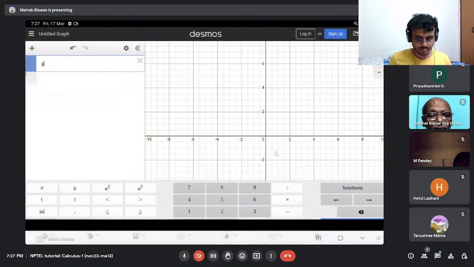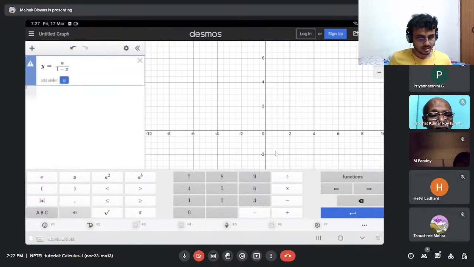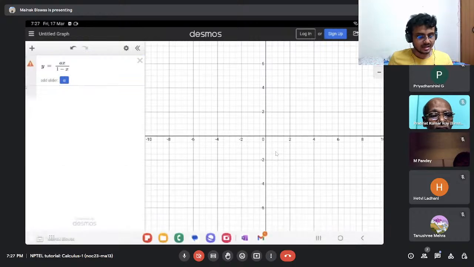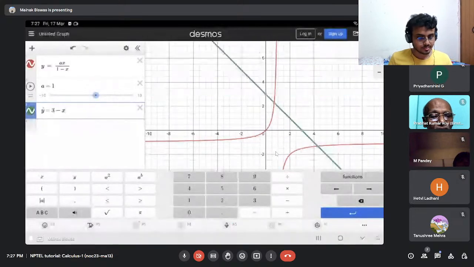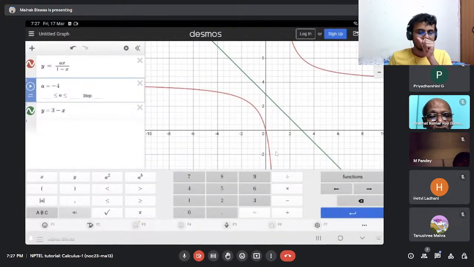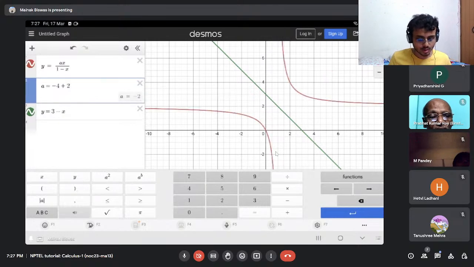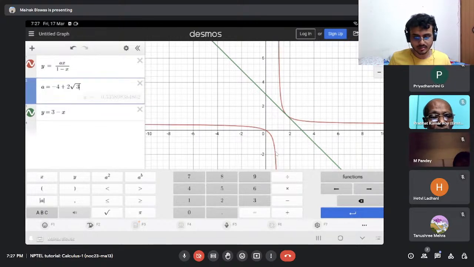Oh, y is equal to a by 1 minus x. You add a slider for this, and then you will find y is equal to 3 minus x. So what we found it to be: 4 plus 2 root 3.